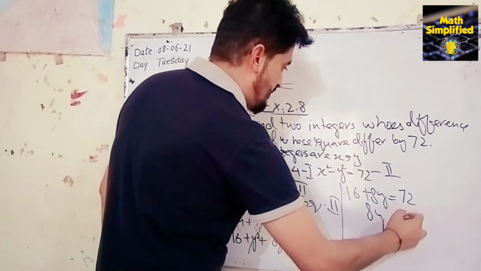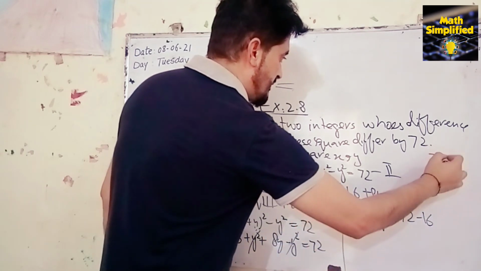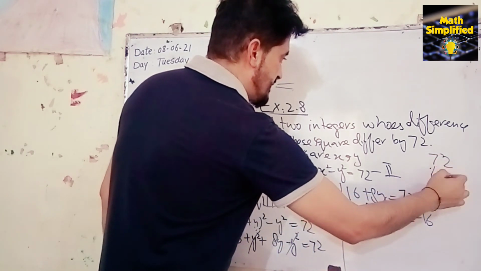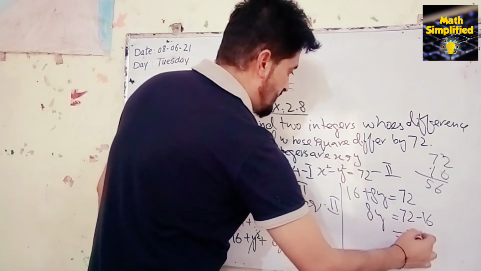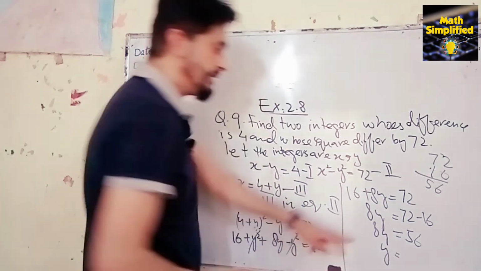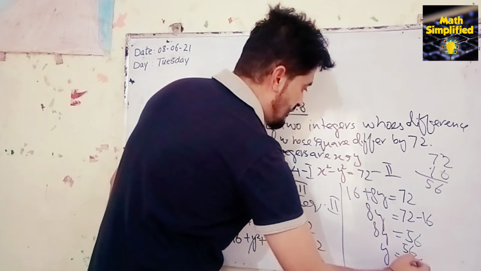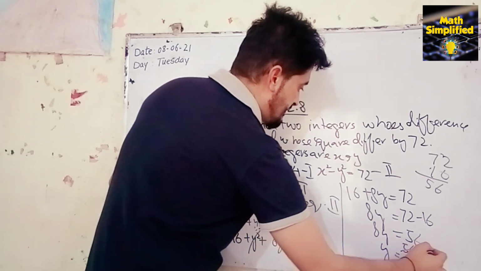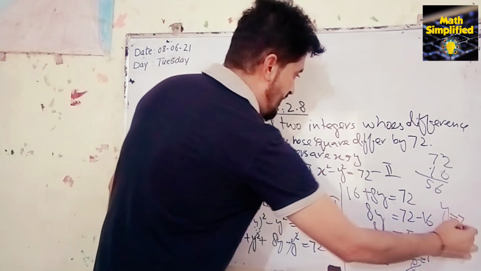Shift 16 to the other side, it will become minus 16: 72 minus 16, and we have 56 left. 8y is equal to 56. 8 is multiplying with y, on the other side it will become divide. 8 7s are 56, so y is equal to 7.